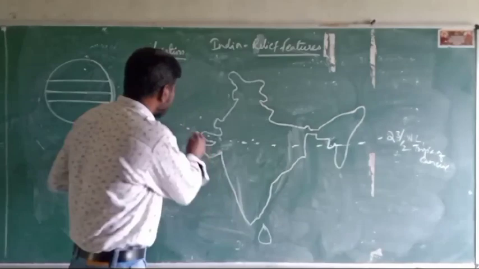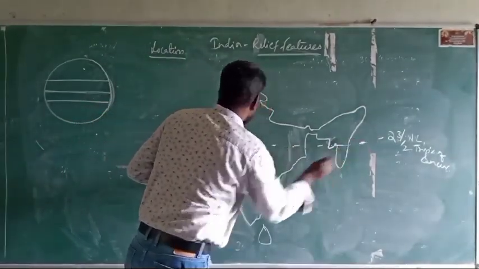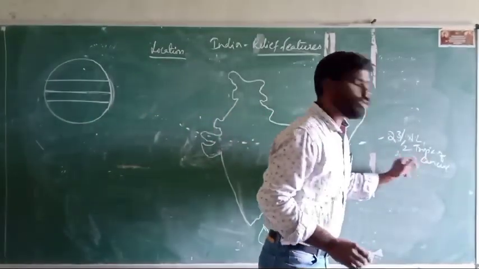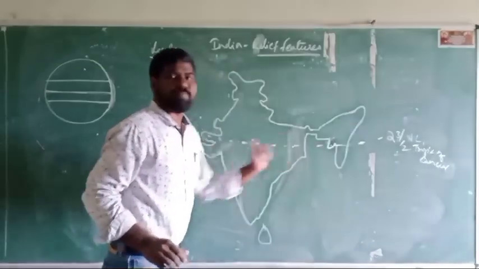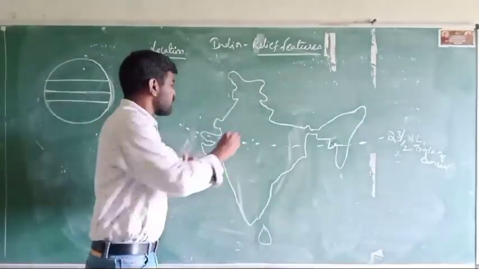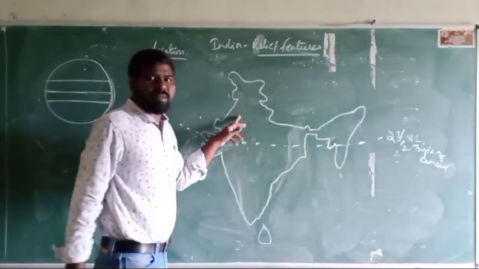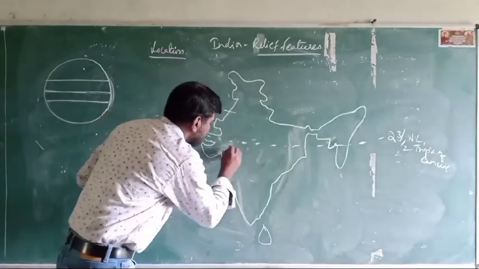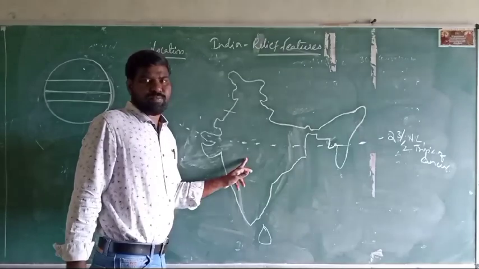We know that the Tropic of Cancer, which is 23.5 degrees north latitude, passes through the middle of our country. The northern half of our country lies in the subtropical zone and the southern half lies in the tropical zone.